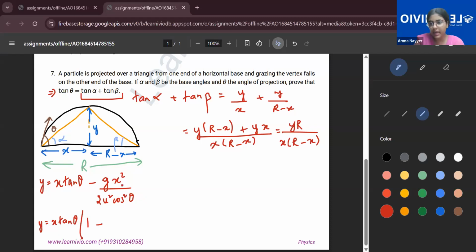So it will be g x by 2 u square cos square theta tan theta. Now check, if I multiply these two things, will I get this equation back? Is it fine? Yes, ma'am.